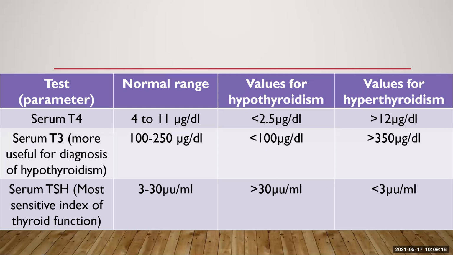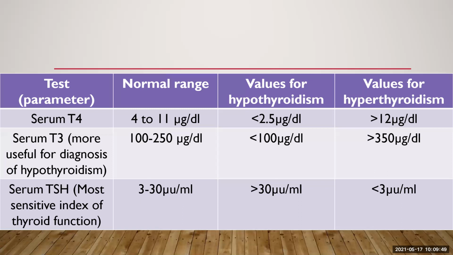TSH is responsible for increasing T3 and T4 levels. That is the function of TSH. If the thyroid is producing normal hormones, or there is normothyroidism, then TSH levels will remain within this range, 3 to 30. If the thyroid functions are not enough, or it's not producing enough hormones, more and more TSH will be released to increase the stimulation of the thyroid gland.